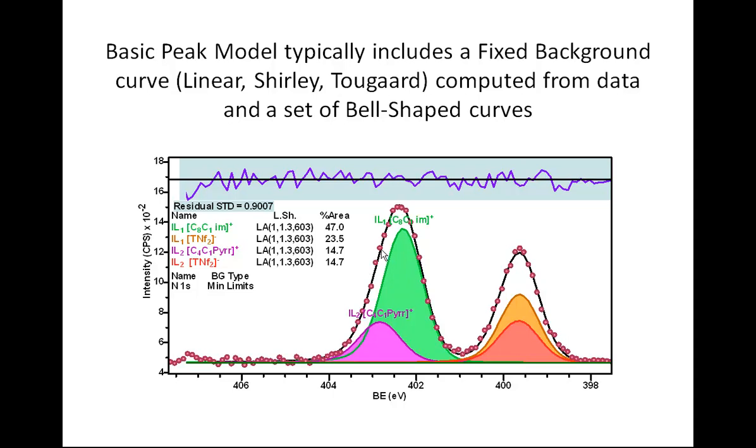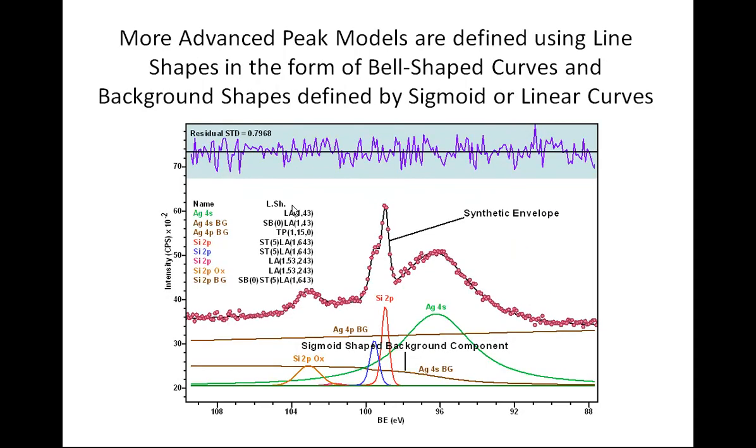So the bell-shaped curves are the only components within the peak model that are optimized to fit these data. A more advanced use of components in a peak model is to introduce components that represent background signal. So here we have a peak model where there are two components that are indicated. That's the Ag 4P BG and the Ag 4S background.